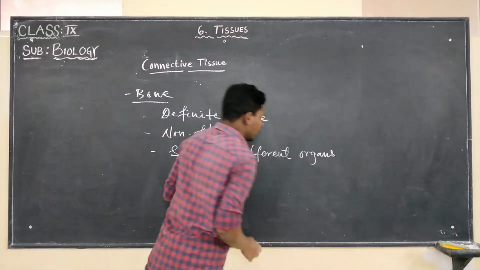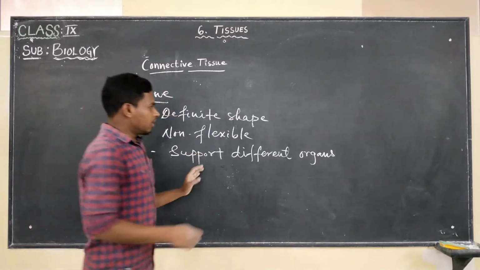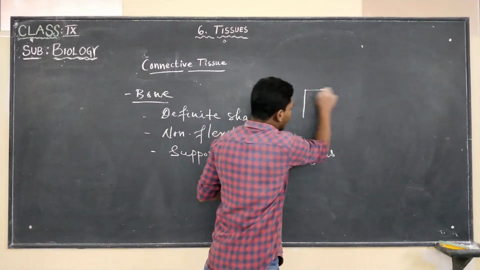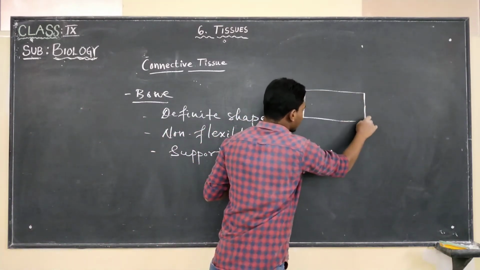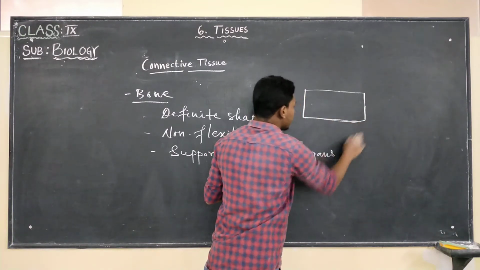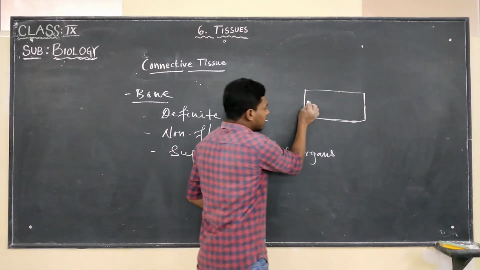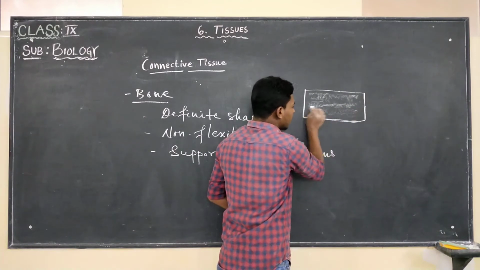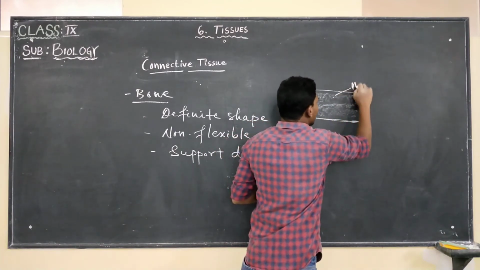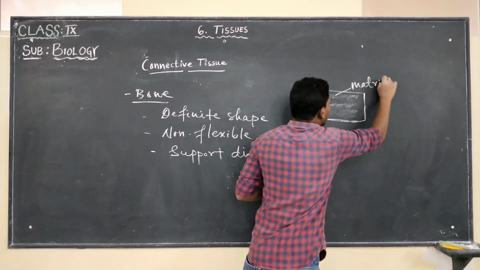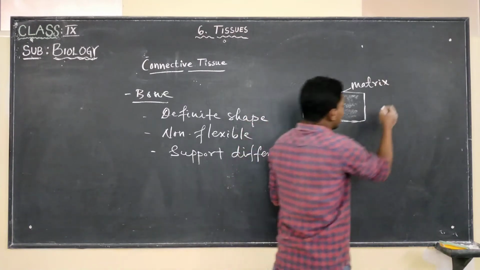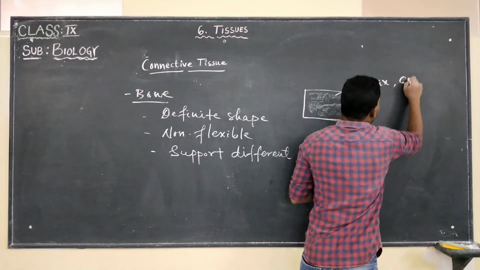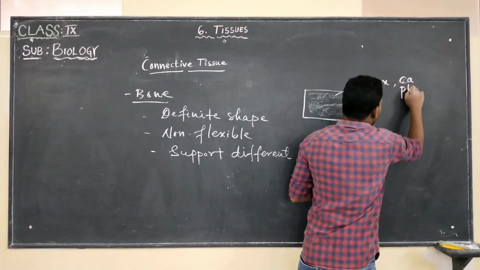If we see these bone cells, we call them osteocytes. The bone has a matrix, which is made up of calcium and phosphorus.